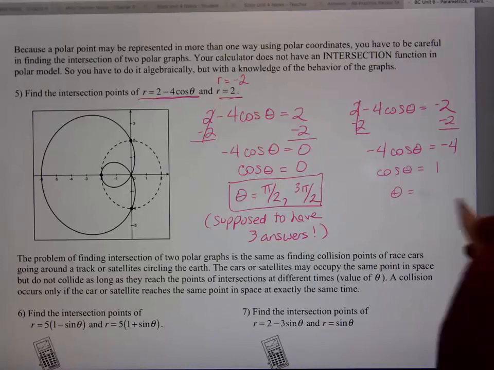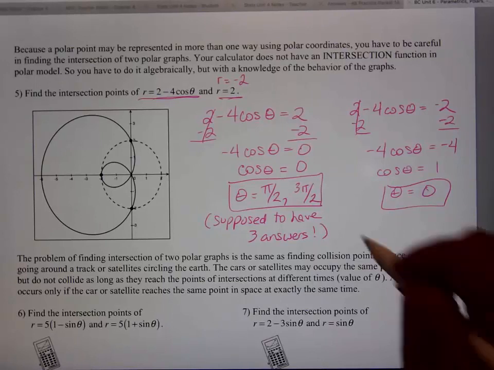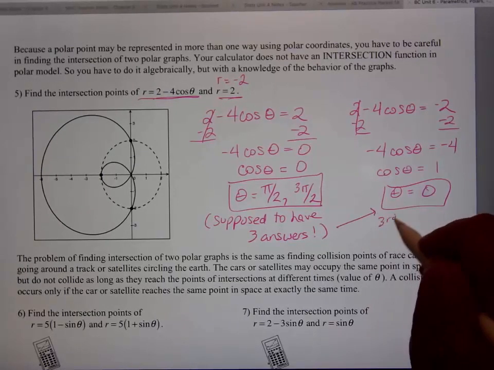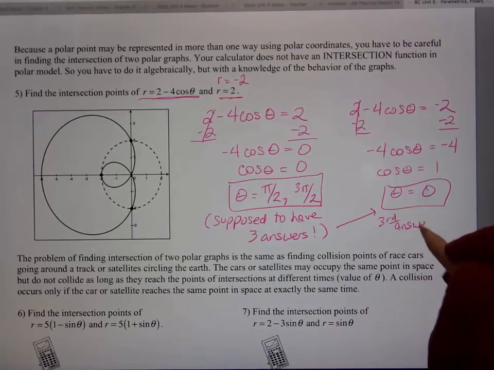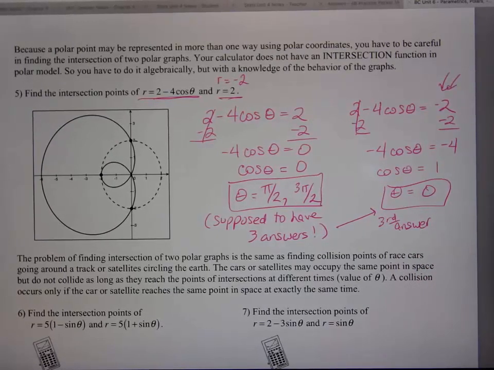Not at pi. At pi it's negative 1. The only next one would be 2 pi, and that's too far. There's my missing answer. This is the third answer. That's the big important thing. Set it equal to the negative if you're missing answers.